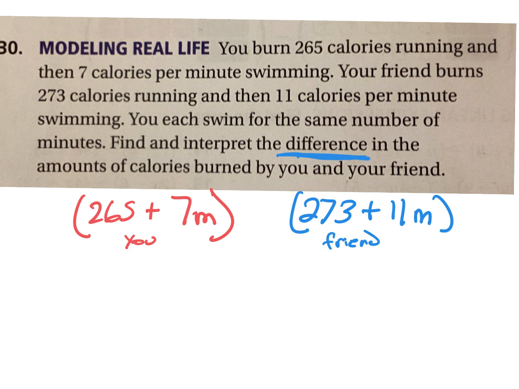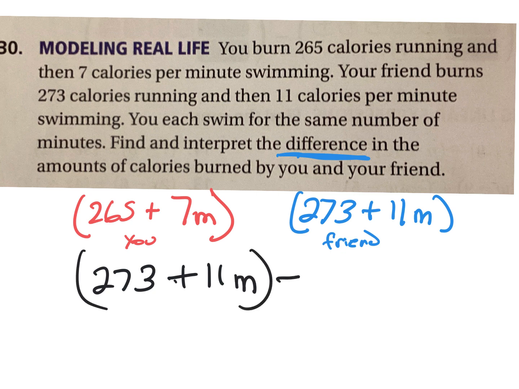Okay, so the difference is subtraction. So I'm going to take what my friend did, 273 plus 11m, and subtract what I did, 265 plus 7m.